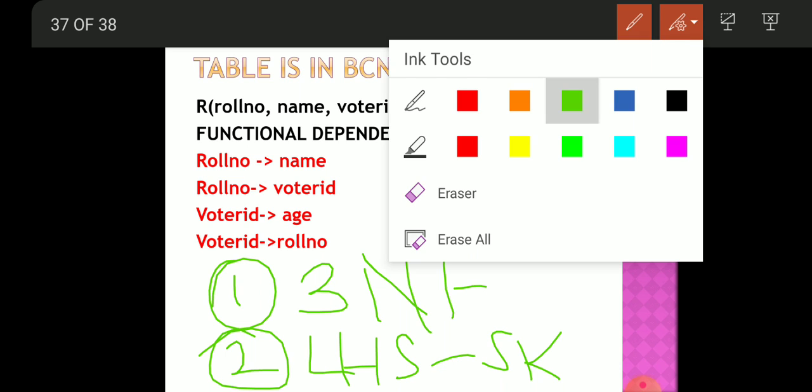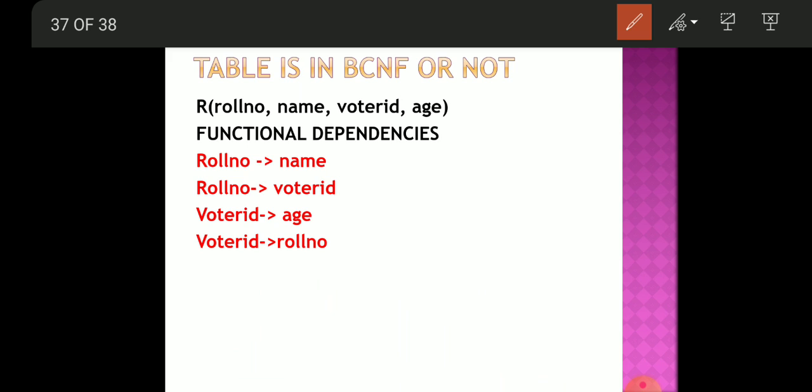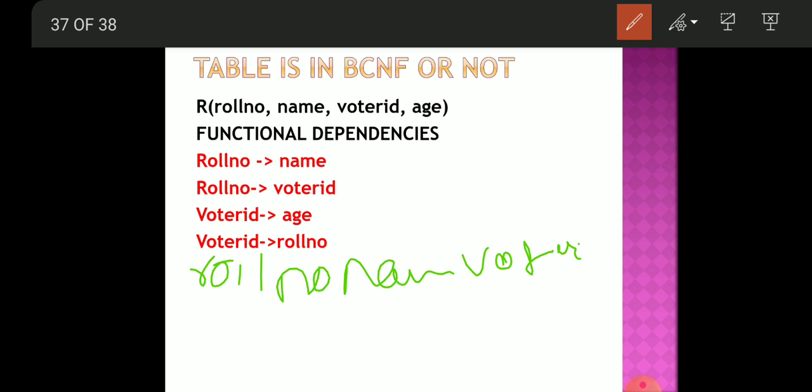So let's start from the super key. First of all, we have to find out the super key, and with the help of super key we can find out candidate key. So let's start. We have to take all the attributes: roll number, name, voter ID, age.